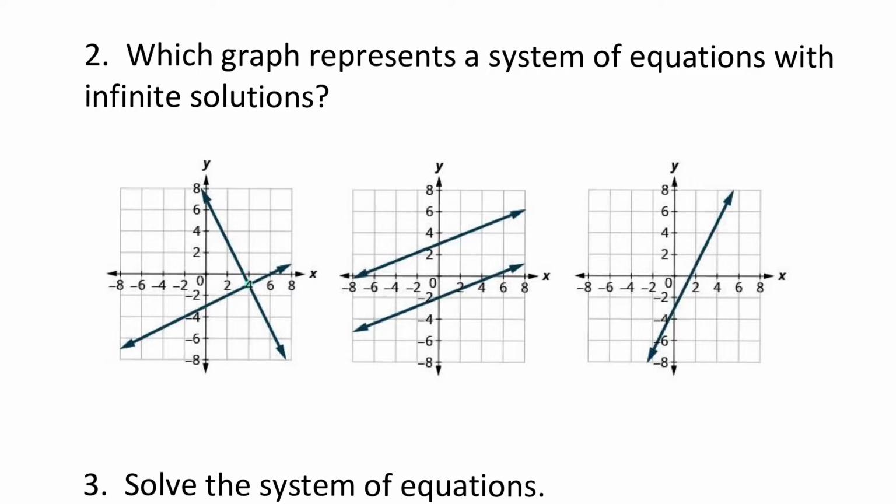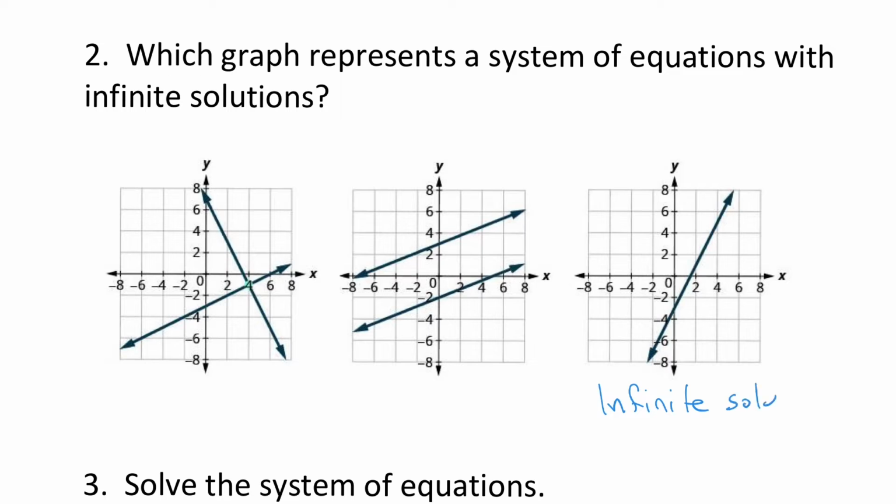So I'm looking at the third graph right here. This one, it looks like one line, but it has one line on the bottom and one line on top of it. So you guys have two lines that represents the same graph. So this one is infinite solutions or infinitely many solutions. I'm going to write it down on the bottom so you guys know this is infinite when they're the same line.